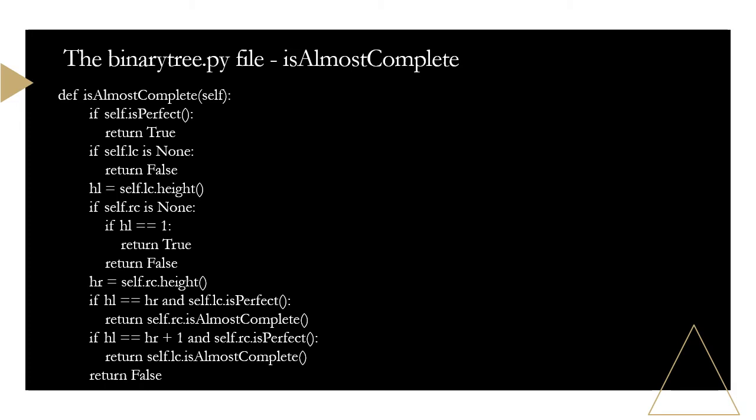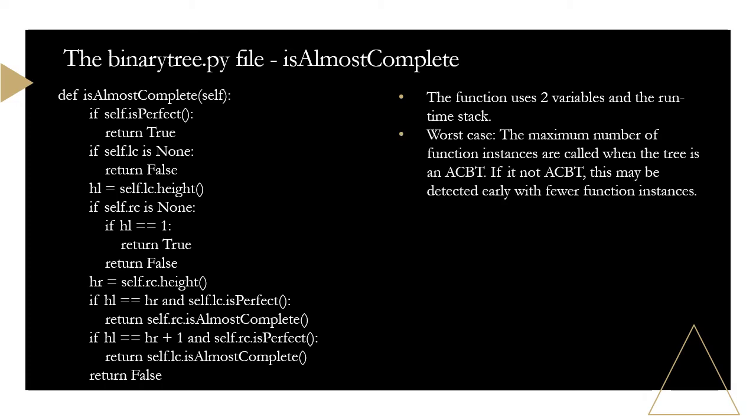Now I proceed towards the space analysis. The function uses two variables, HL and HR, and the runtime stack. Now the two variables are constant in number, but the size of the runtime stack varies. The worst case happens when the tree which is given to us is an ACBT.